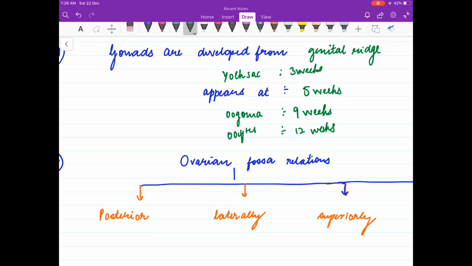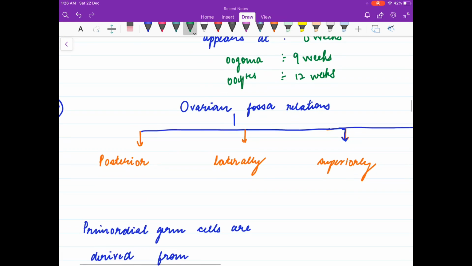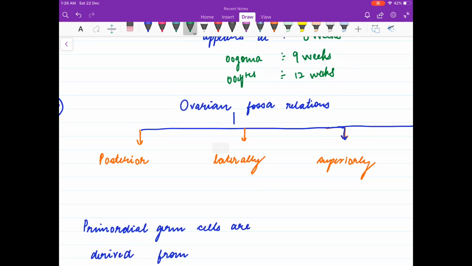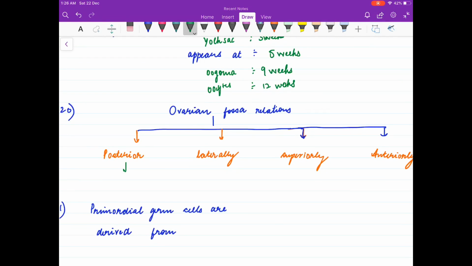Ovarian fossa relations are: posteriorly it is related to internal iliac artery or vessels and ureter.